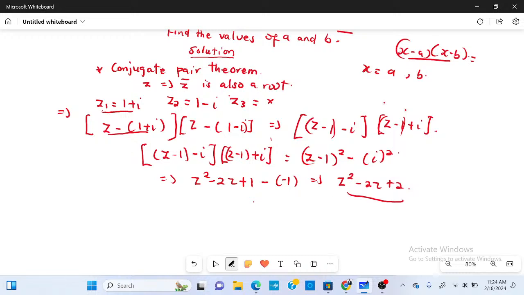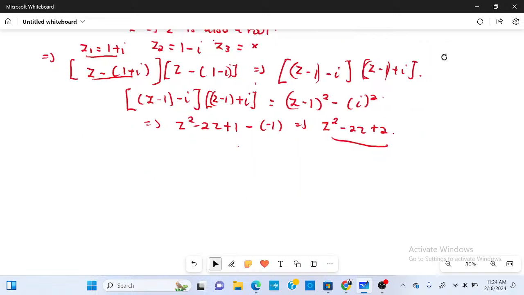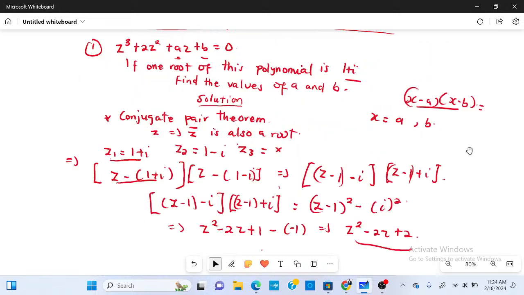Now, as I was saying, we simply want to multiply all the three factors. So we have 1, 2, then 3, so that we get our polynomial back again and we make the necessary comparisons, then we also find the necessary parameters which we want, A and B. So since I have multiplied my first two factors, I only need to multiply it by my third factor, z3 equals x, which I don't know.